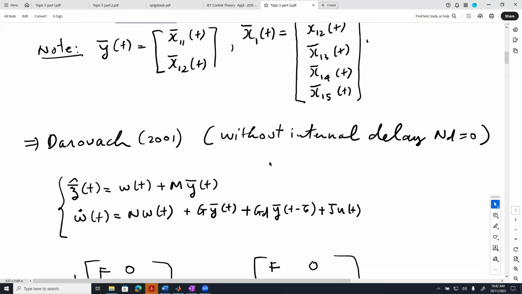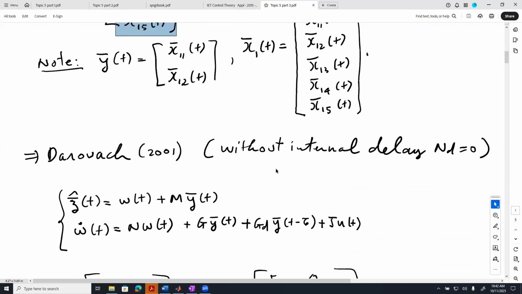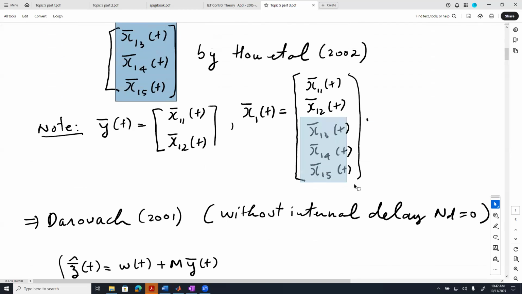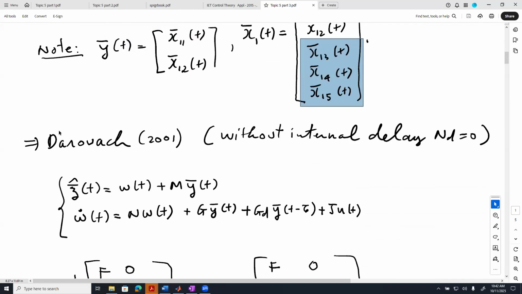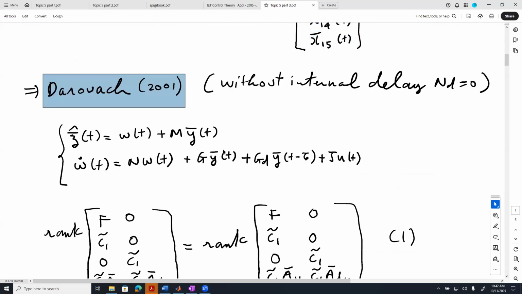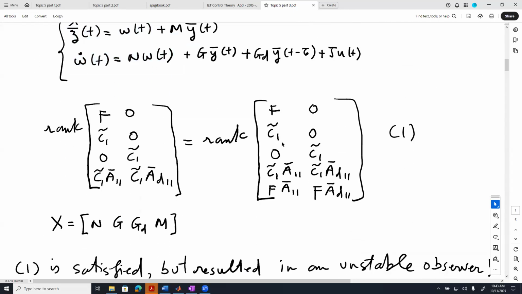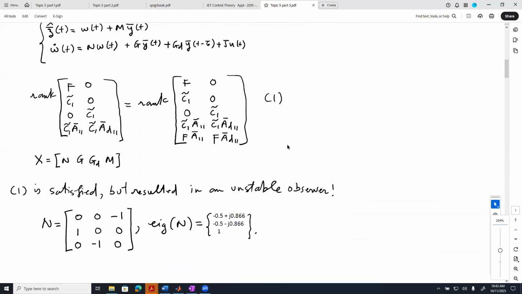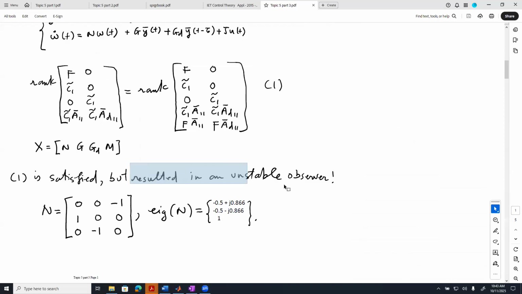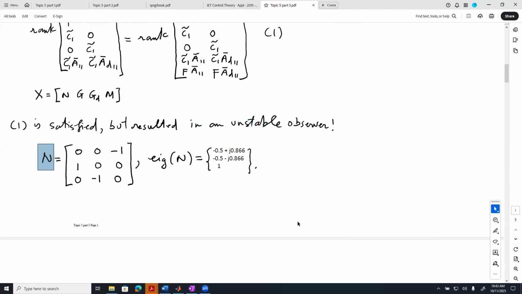And even if we want to design an instantaneous stack observer to estimate the unmeasurable stack variables using other existing methods in the literature, for example, in this reference, where the observer structure is given without internal delay, so there is no AD in this term here, and if we test the condition, it's actually satisfied, but it results in an unstable observer error dynamic equation, where the eigenvalues of this matrix are actually unstable.